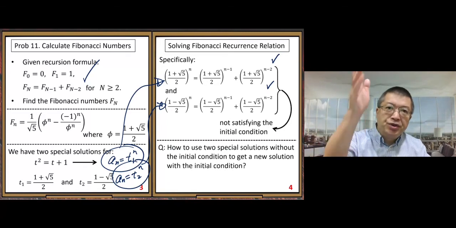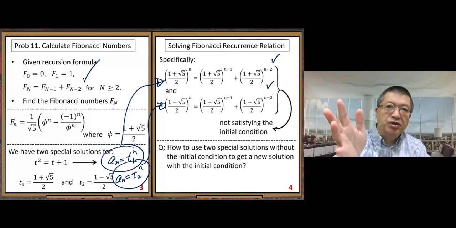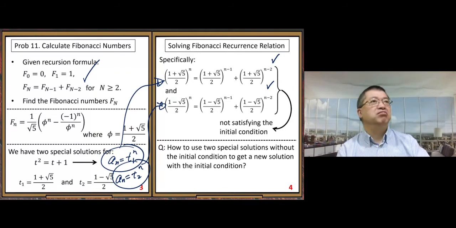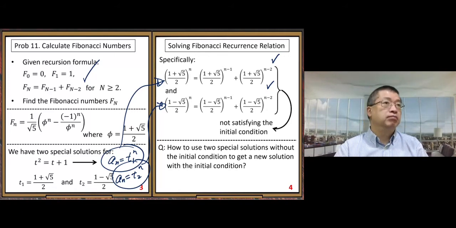How to use two special solutions without the initial condition to get a new solution with the initial condition. That is a natural step forward. We need to get a new solution.